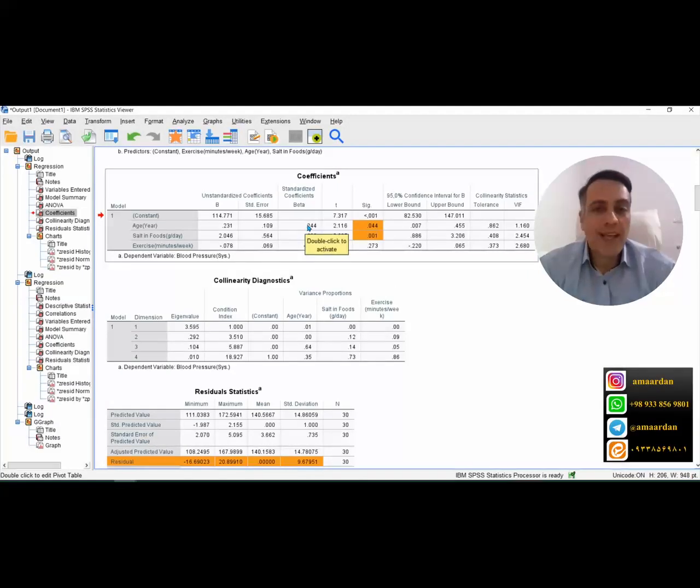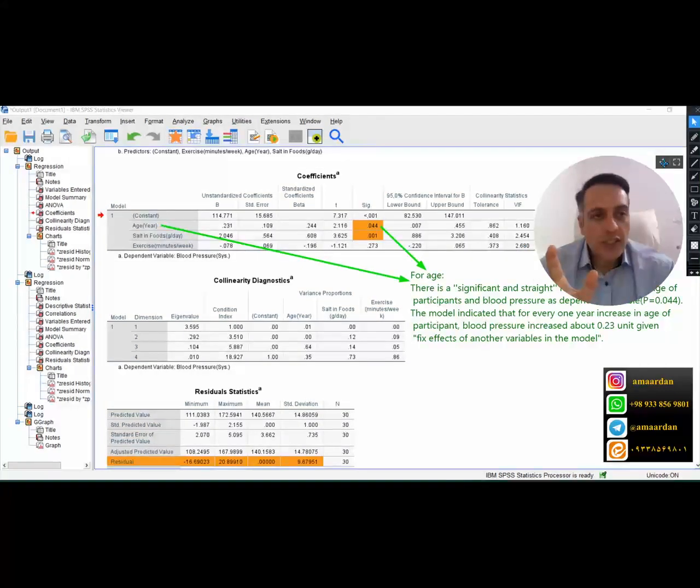Another important table in regression reports is the coefficients table, and we see that we have three independent variables with regression coefficients in these columns and Sig in these columns. You need to write a report for every independent variable similar to this.